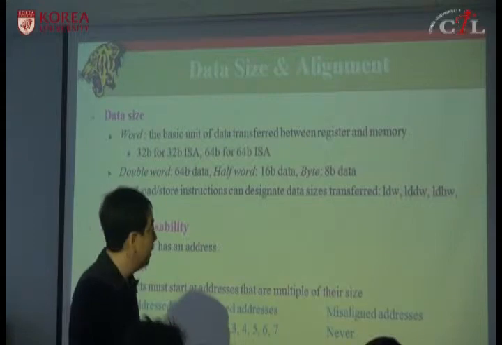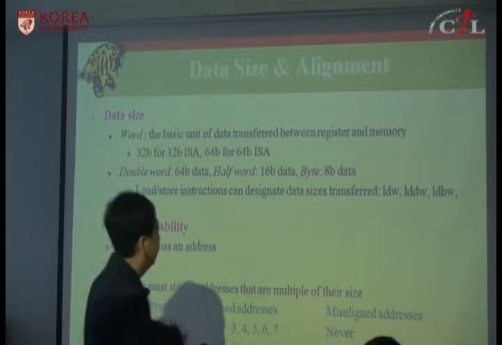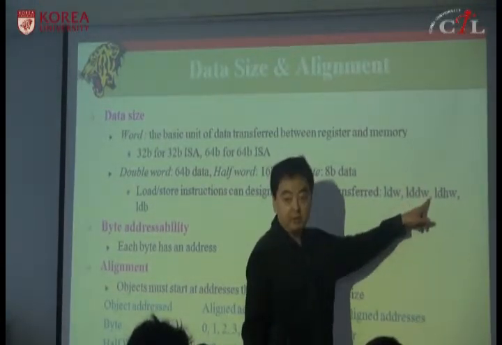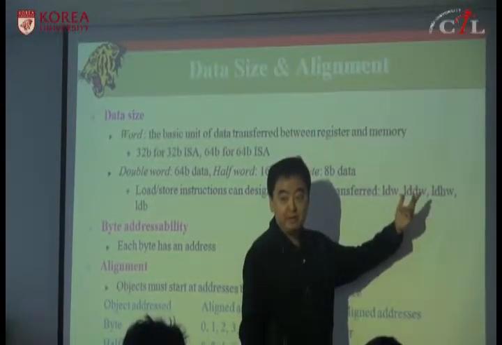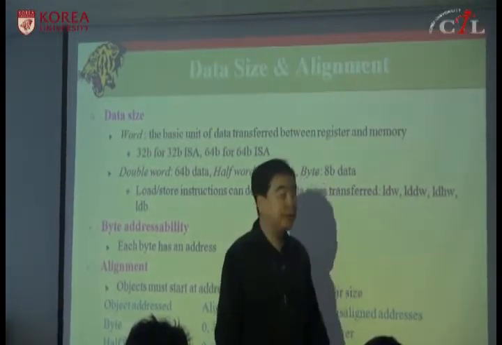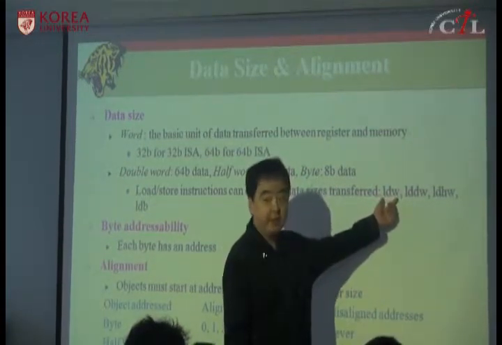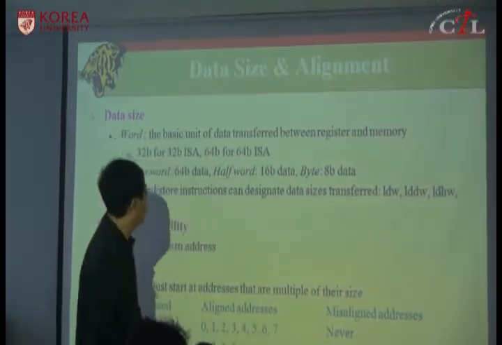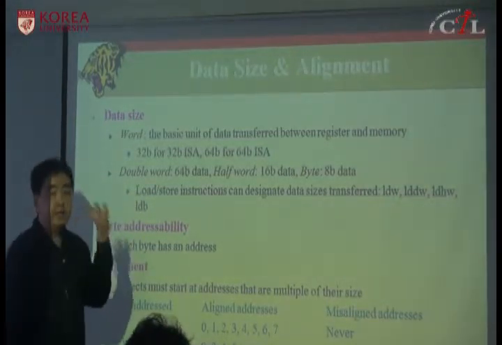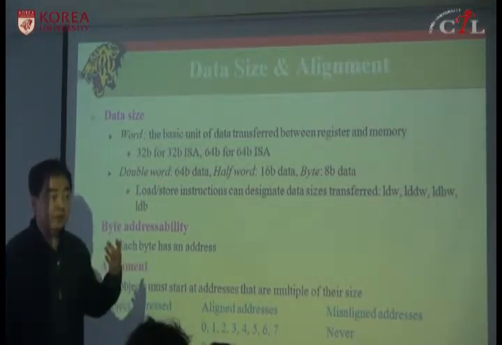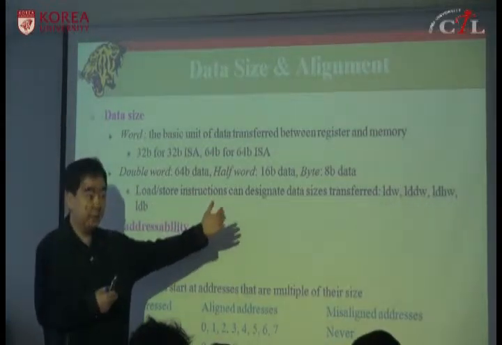LDW. This is load double word. Okay? Double word means double the size of the word, which is 64-bit data. Load word is 32-bit. So for 64-bit processors, if you do a load, then it's copying 64-bit data.